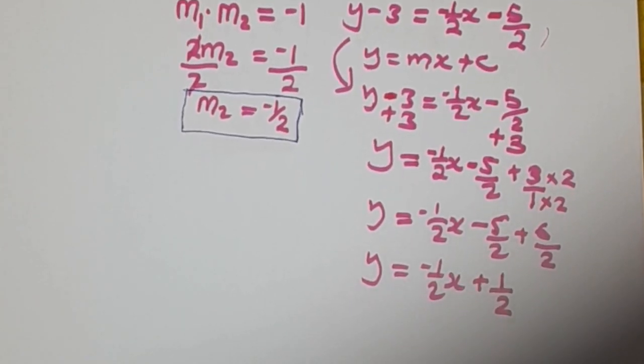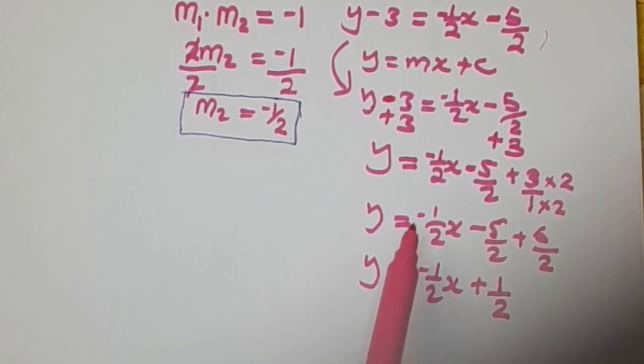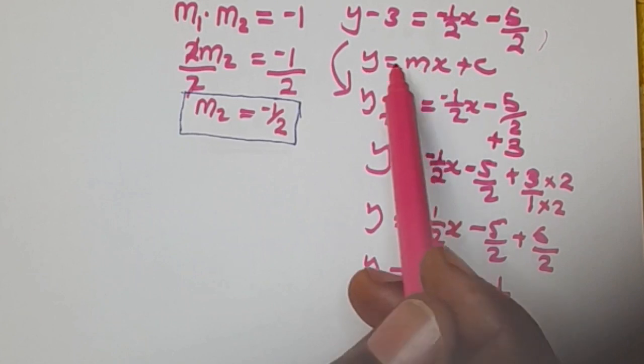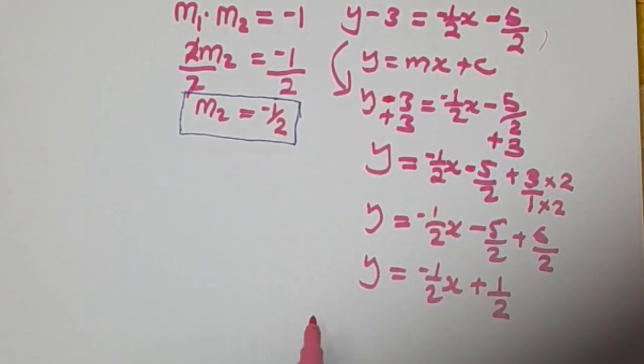So when you look at this equation, it is actually in the form y is equal to mx plus c. You can either leave it like this, or you can factorize the half, okay? You can factorize the half or the negative half.